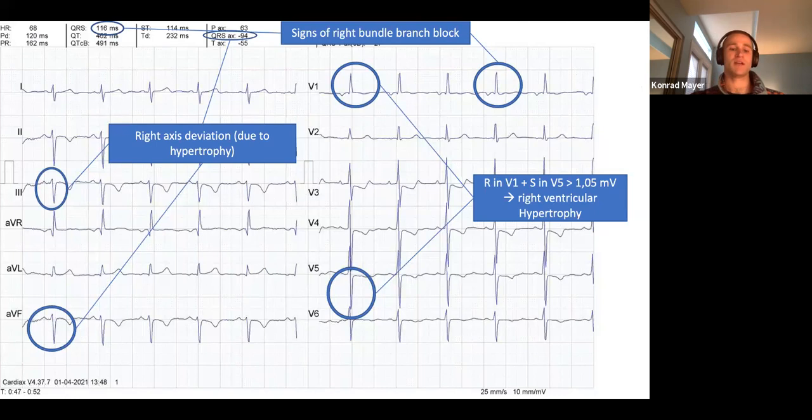When approaching an EKG, obviously the first thing is sinus rhythm, and the second step is to determine the axis of the heart. As I mentioned, a chronic right ventricular increased demand can lead to right ventricular hypertrophy, and this can lead to a right axis deviation.